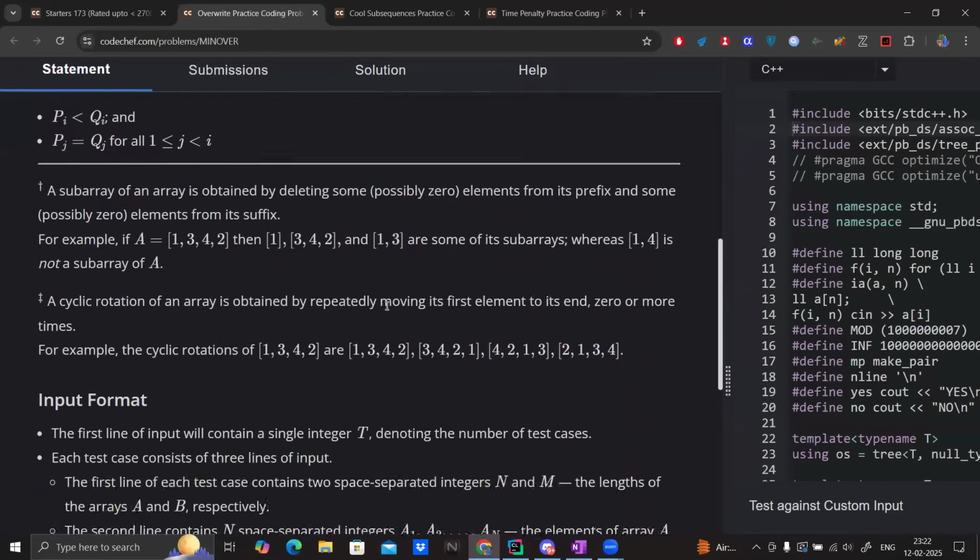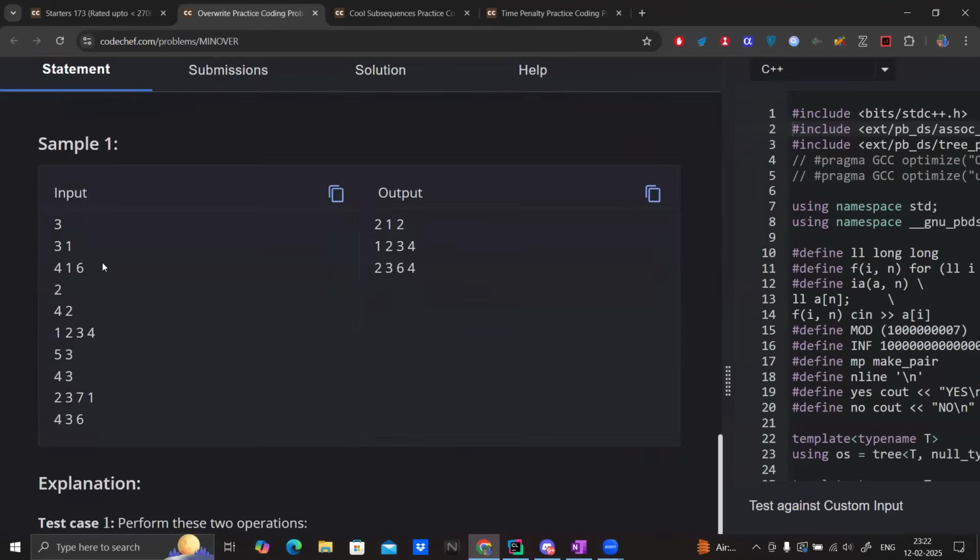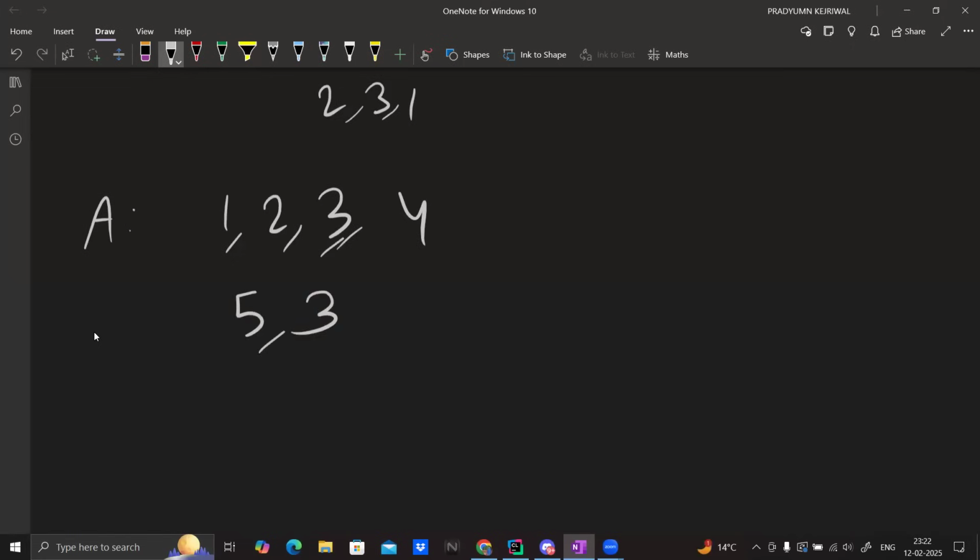Let's look at the sample test cases first. I'll first look at this one, 1, 2, 3, 4 and 5, 3. So array A is 1, 2, 3, 4 and array B is 5, 3, right? What are the cyclic shifts of B?